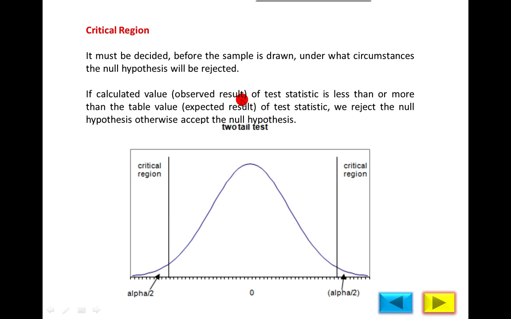For testing a hypothesis about the mean we use the t-test, for variance we use the chi-square test, f-test, etc. There are different tests, and we will study them one by one. After calculating the observed result, also called the calculated value of the test statistic, we find another test statistic value from the table.